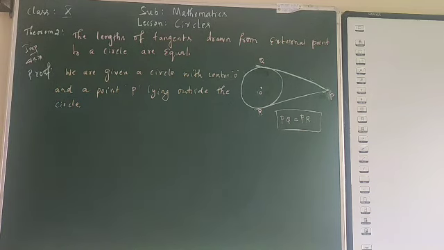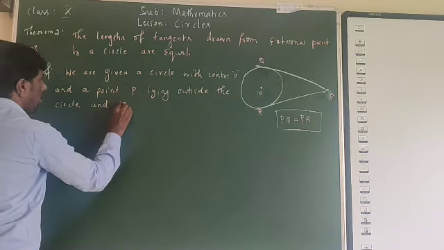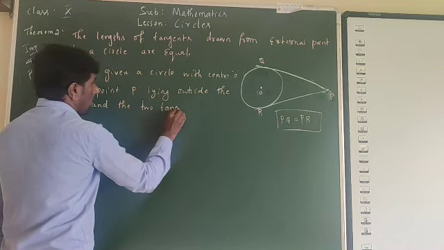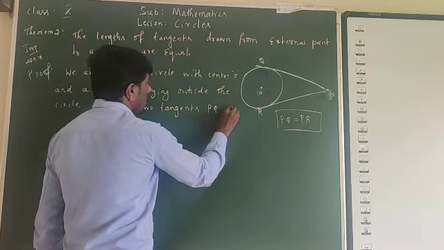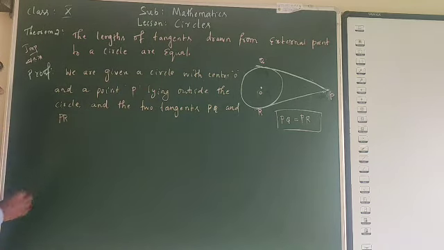Point P lying outside the circle, and the 2 tangents. What are the 2 tangents?